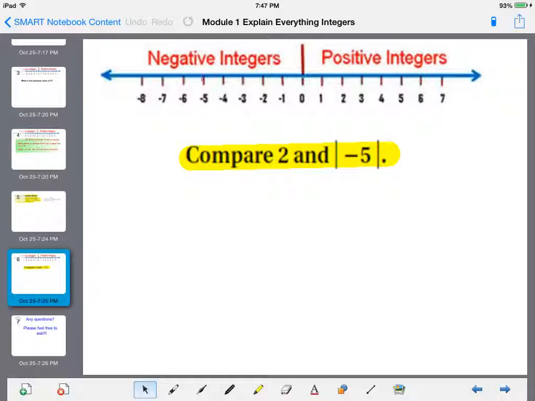And if I'm over here on the number line, the absolute value means what's my distance from this number and 0. And so the absolute value of negative 5 is really 5. So 2 is less than the absolute value of negative 5 because 2 is less than 5.